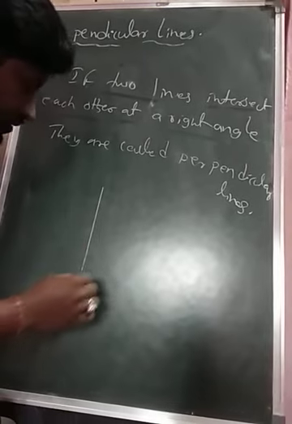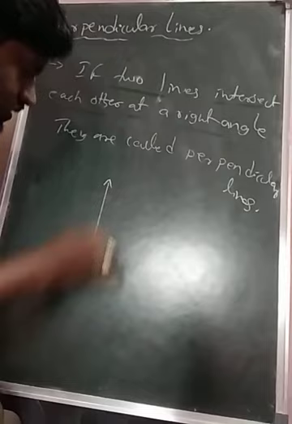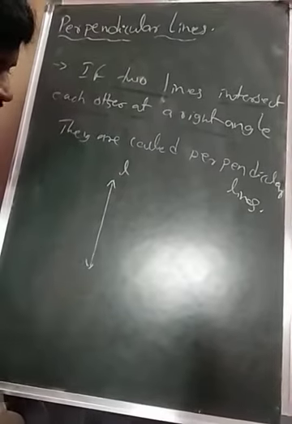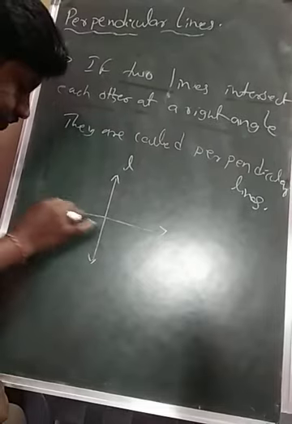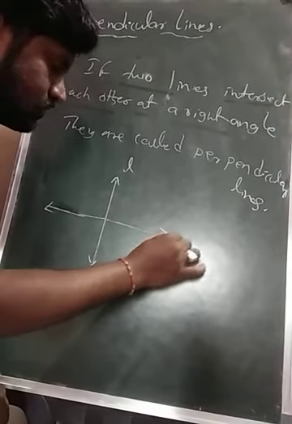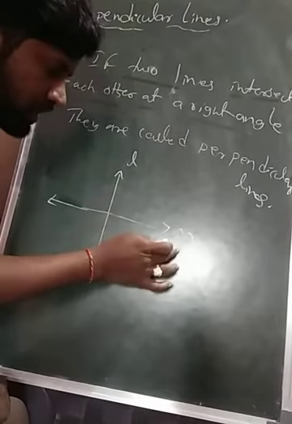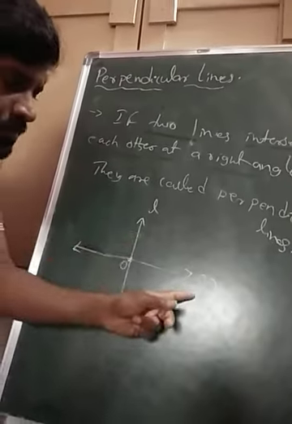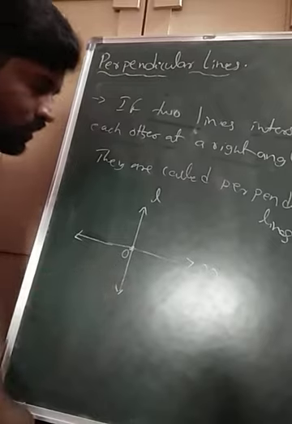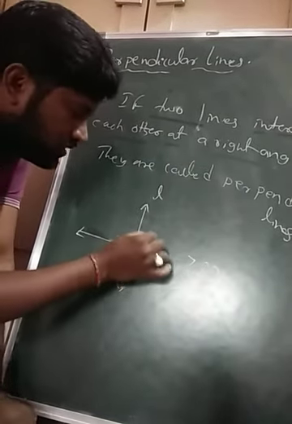Now see, for example, this is line L and this is line M. These two lines intersect at O. Angle LOM measures what? 90 degrees.